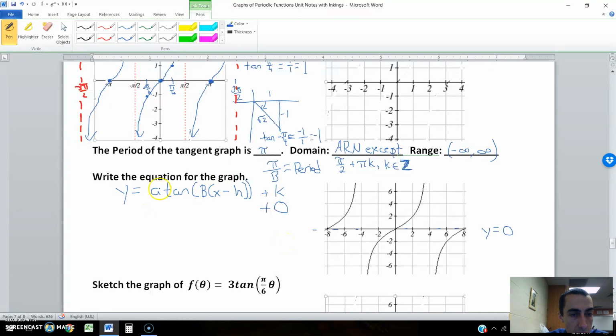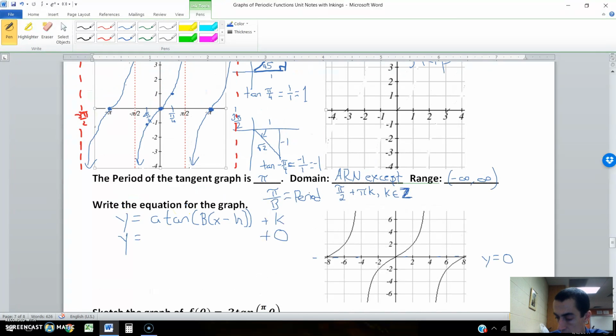Alright, next, this amplitude number right here. Amplitude, remember, is our vertical stretch that's going on. Now notice how this tangent graph changes its cuppedness, so to speak. Halfway in between the intercept, where it crosses the midline, and the asymptote, a basic tangent has a y value of 1.